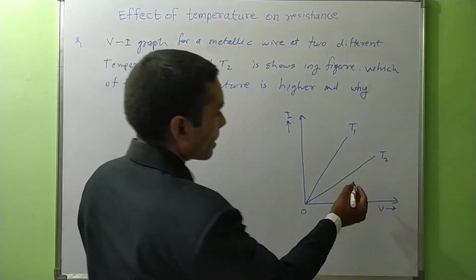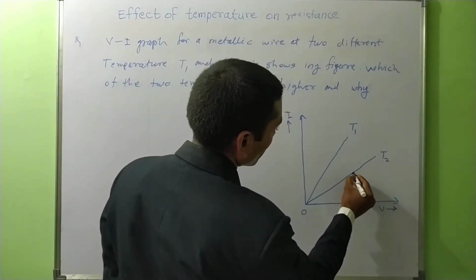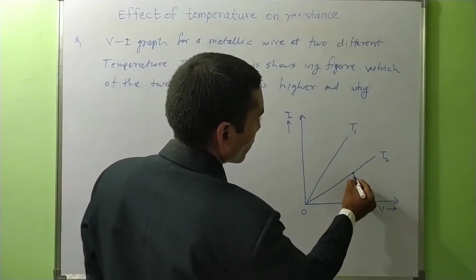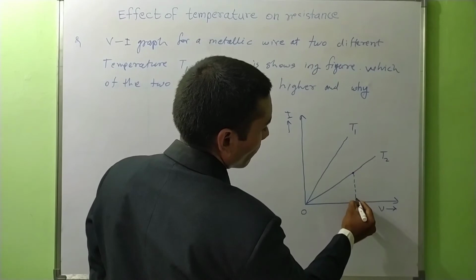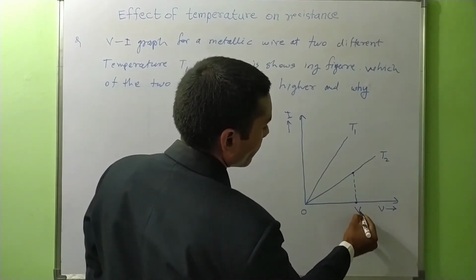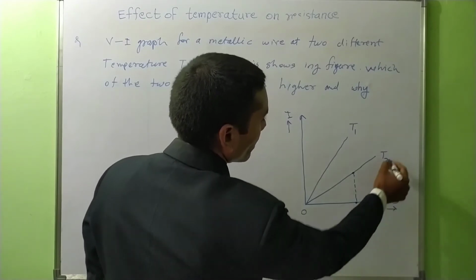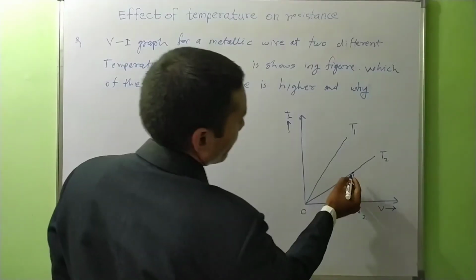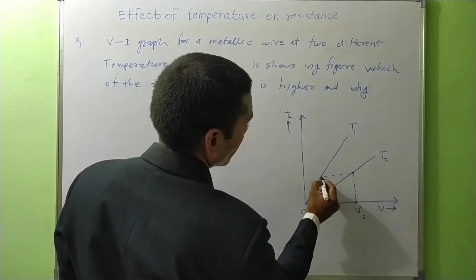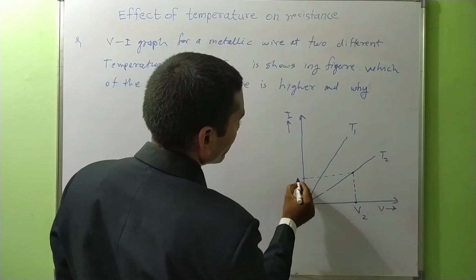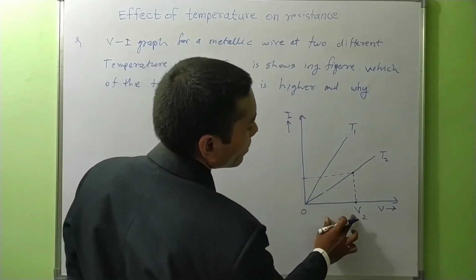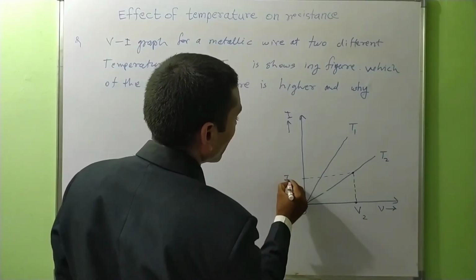Okay, so take a point on this line for temperature T2, draw the normal on the voltage axis or potential axis. Let this be the value V2 for temperature T2, and on the I axis draw again a normal. Let this be the current corresponding to V2. So let this be I.